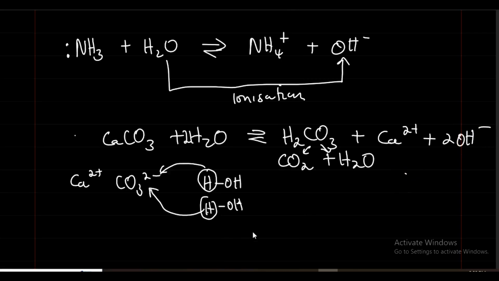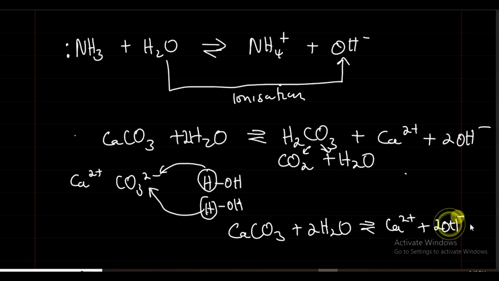Okay, so in full the reaction looks like this: calcium carbonate plus 2 water molecules give us calcium cations plus 2 hydroxide ions plus carbon dioxide plus water. Now we can check if this is balanced.